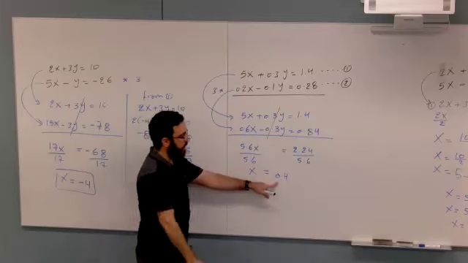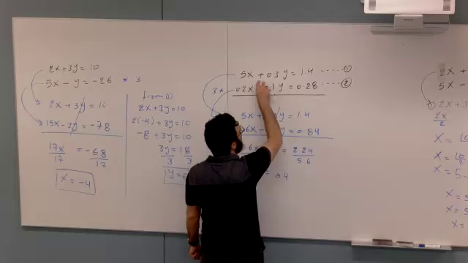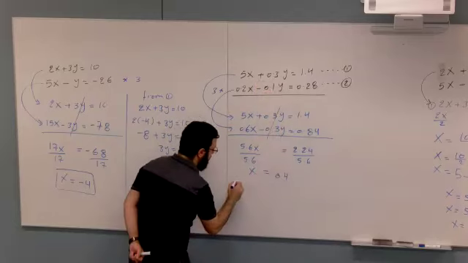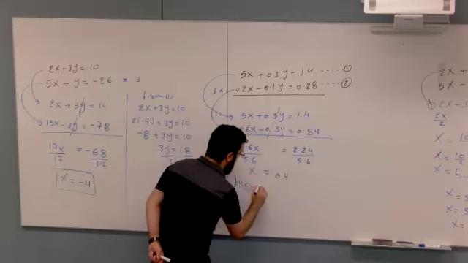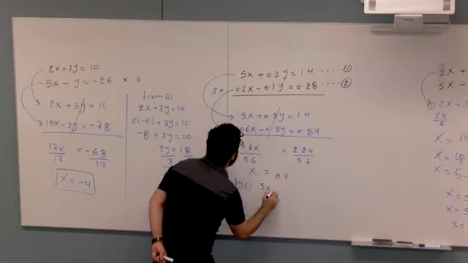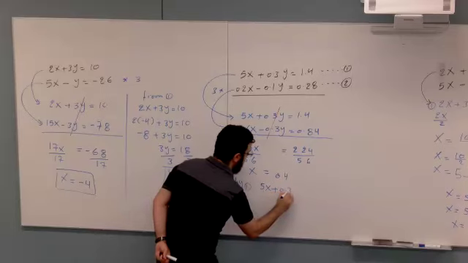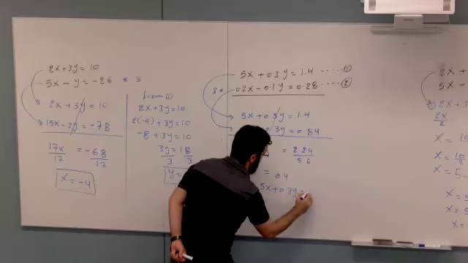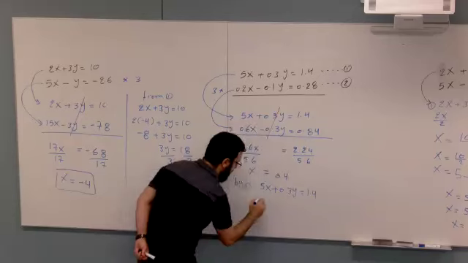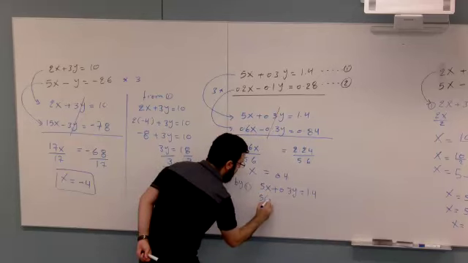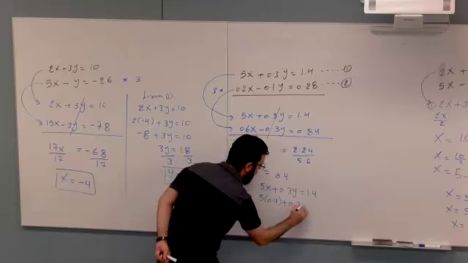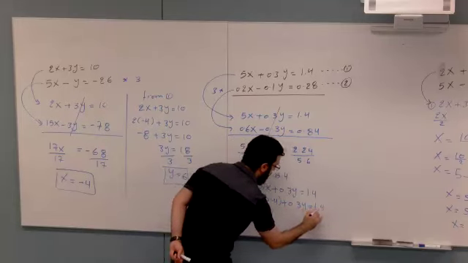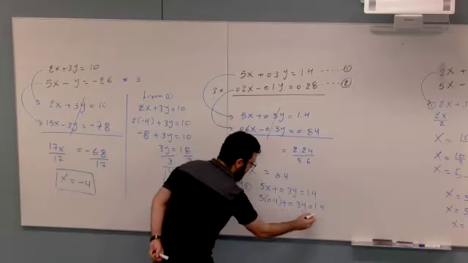How to find the y? You go back and plug in the first one or the second one. Let's use the first one: 5x plus 0.3y equal 1.4. That means 5 times 0.4 plus 0.3y equal 1.4. Solve it for the y.